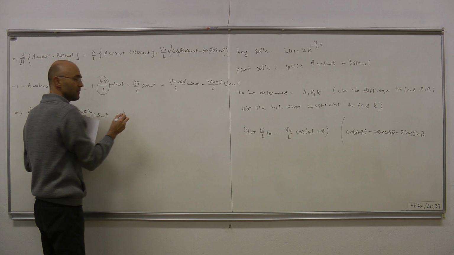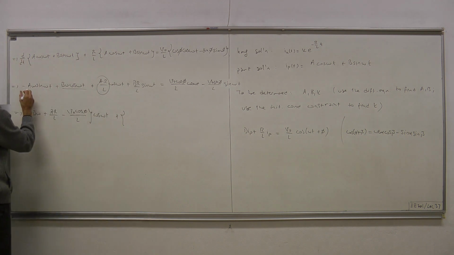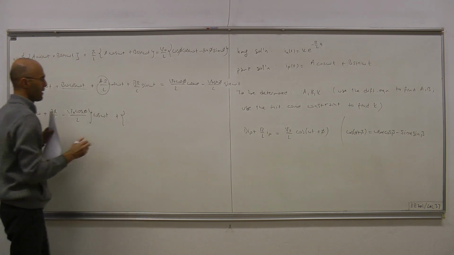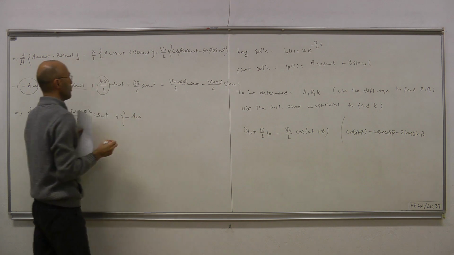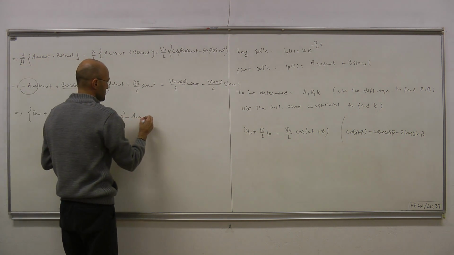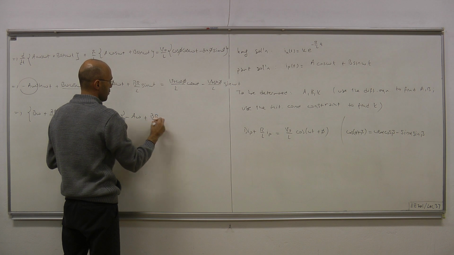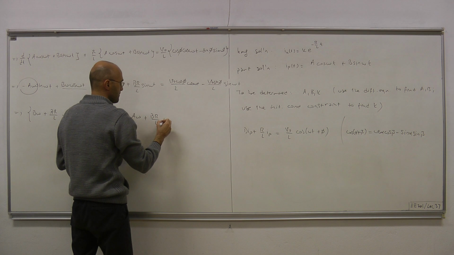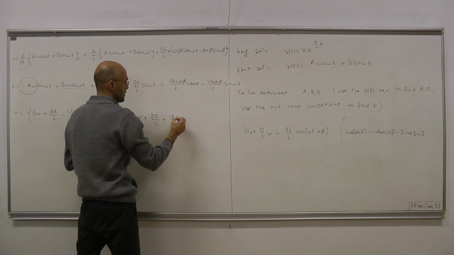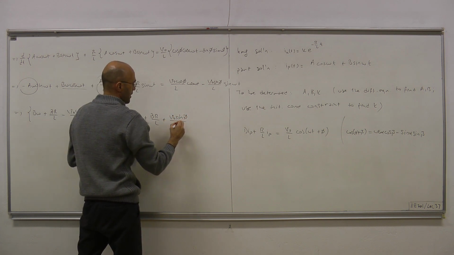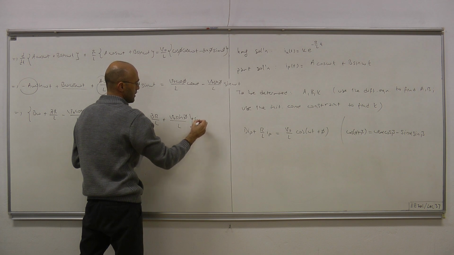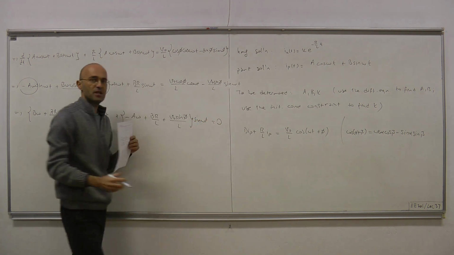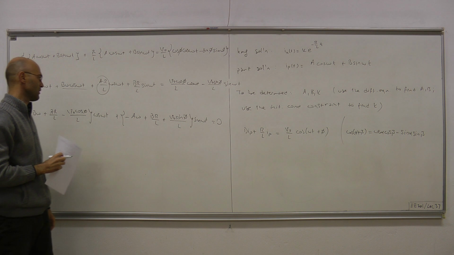Plus, let's collect the sine terms. We have here minus A omega, plus B R over L, and here we have this carried to the other side, plus omega 0 sine phi over L, times sine omega t. And that must equal 0 at all times.